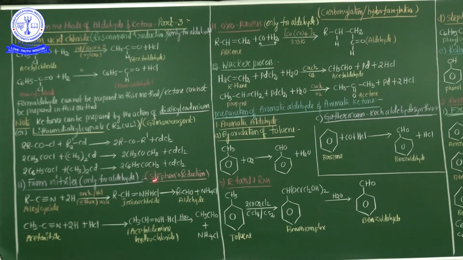Okay? Now see another important one, this is the 12th, another preparation method. This is the OXO process, only for aldehyde preparation. The OXO process is also commonly known as carbonylation or hydroformylation.